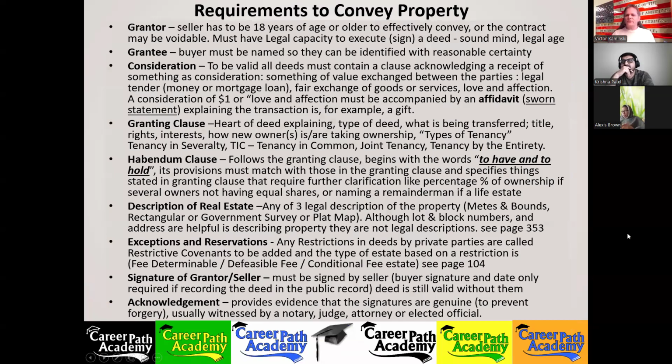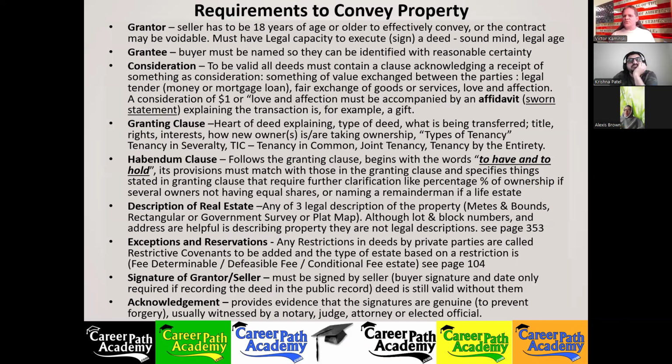All right. So here is the anatomy of the deed, broken down with a little more detail. The seller has to be 18 years of age or older to effectively convey, or the contract may be voidable. They must have legal capacity to execute and sign a deed, be of sound mind and legal age. The grantee is the buyer, who must be named in the deed with reasonable certainty so that they can be readily identified.